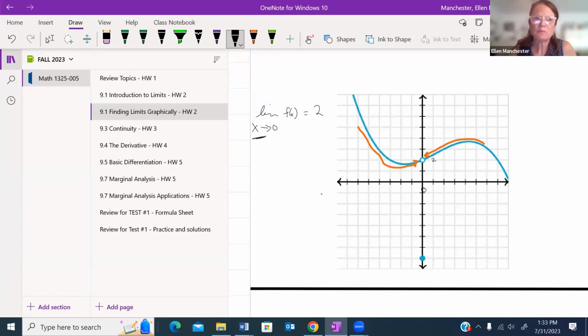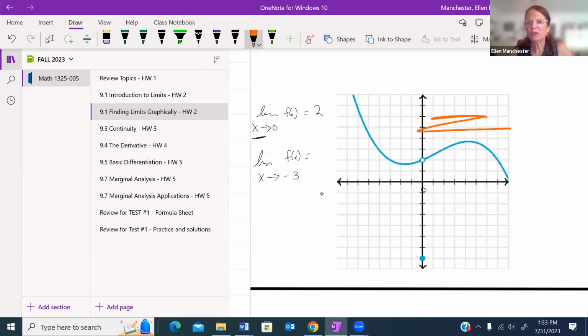Okay, now if I erase all this, let's say I want to go to a different spot. So the limit as x approaches -3 of this function. Okay, so now we don't care about anything over here, right? This doesn't matter. All we care about is what's going on right around this value.